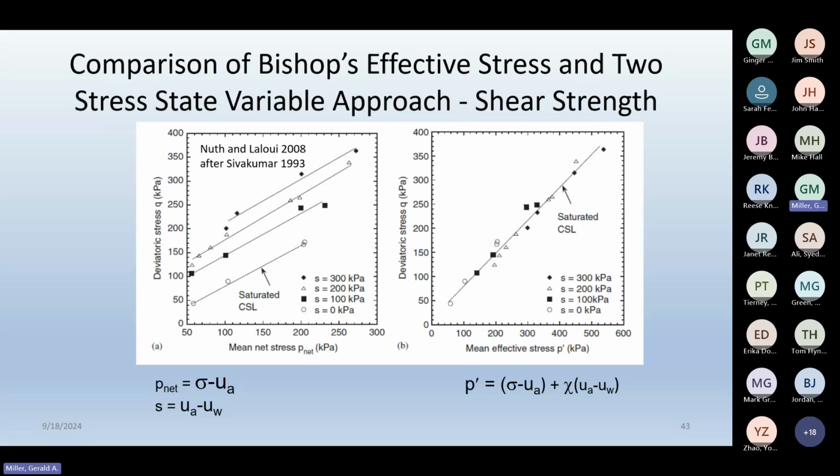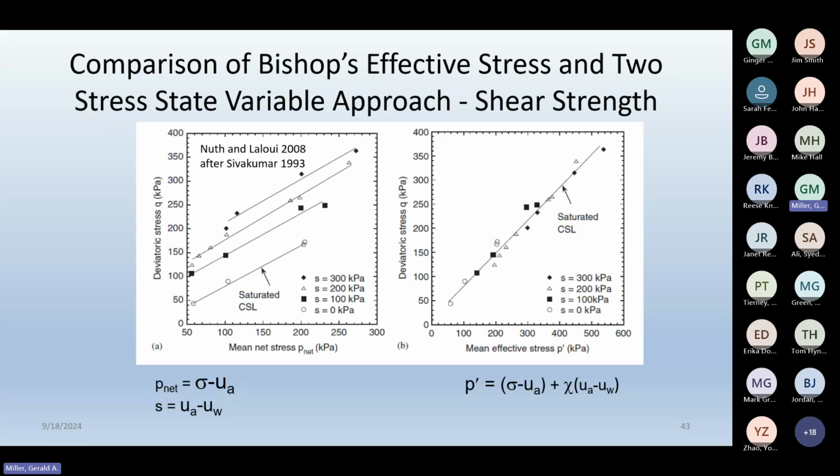And in fact, you could plot this information in a three-dimensional space with net normal stress, which is your mean stress, deviatoric stress, which is your shear stress, and then you could have a suction axis, and you'd see a plane that represents these different failure envelopes as a function of different suctions.